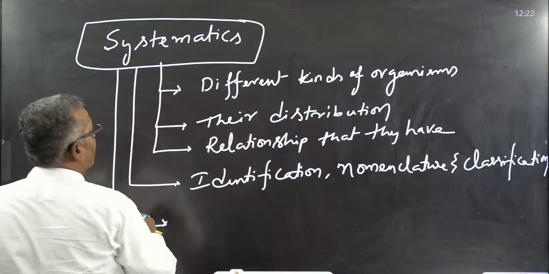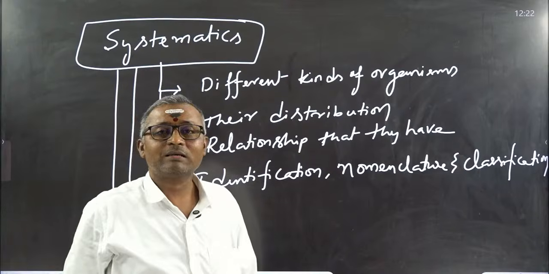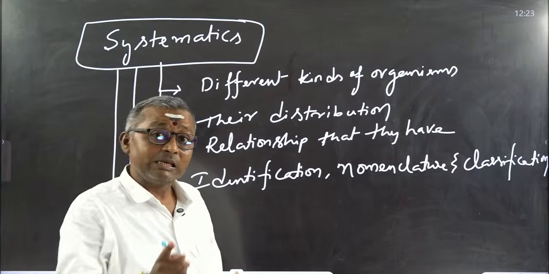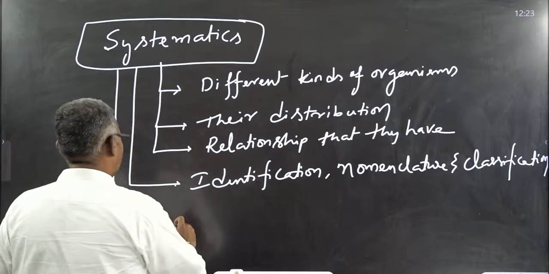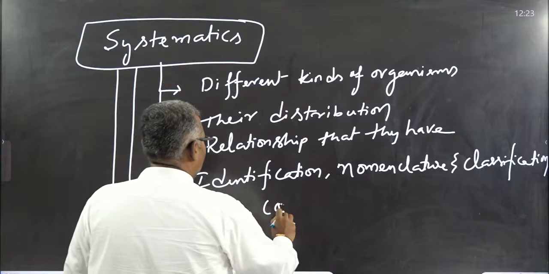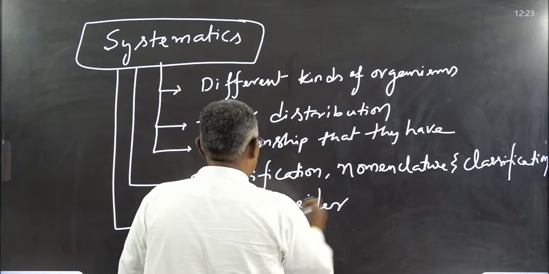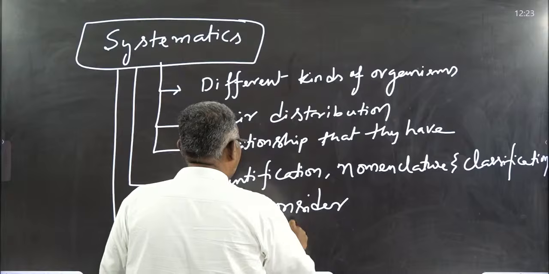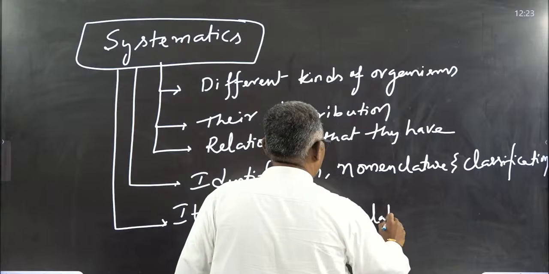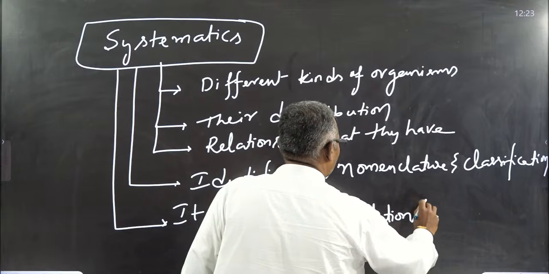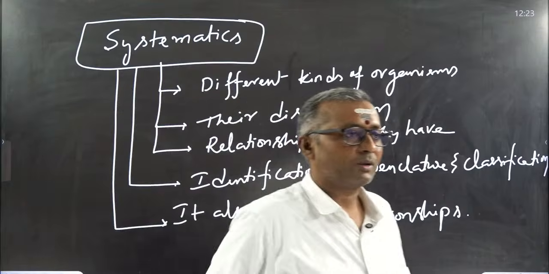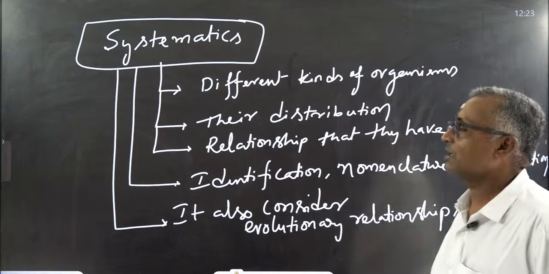And one more important thing: modern systematics also takes into account evolutionary relationships. So these are all studied under systematics.